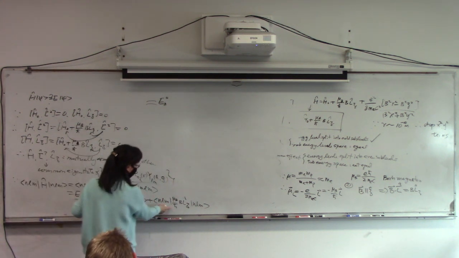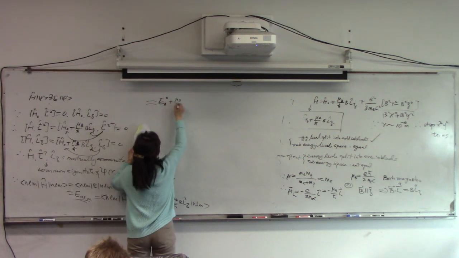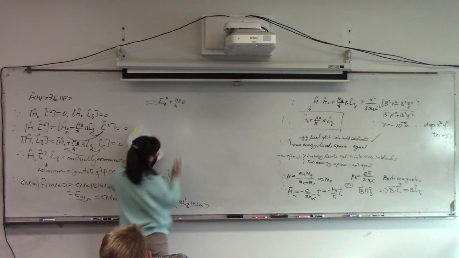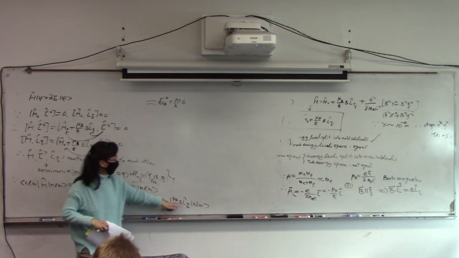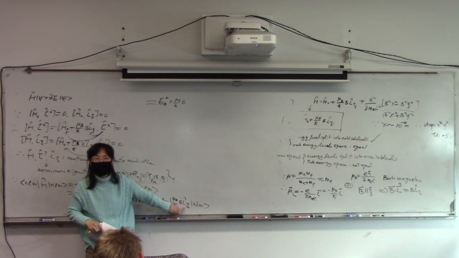And then this one, take the constant outside. So only LZ. LZ applied to the state gives us, since it's an eigenstate of LZ, right? What is the result? H bar m, right?